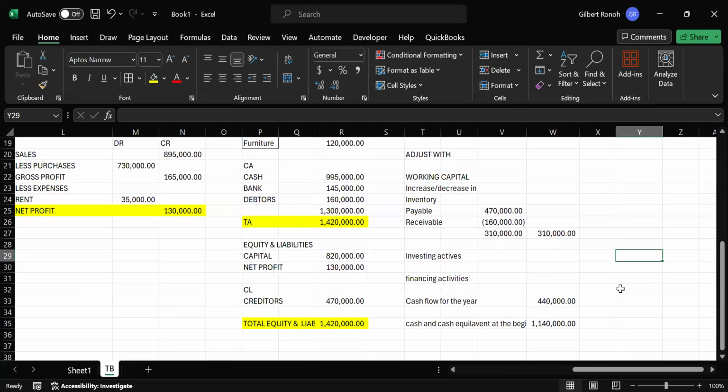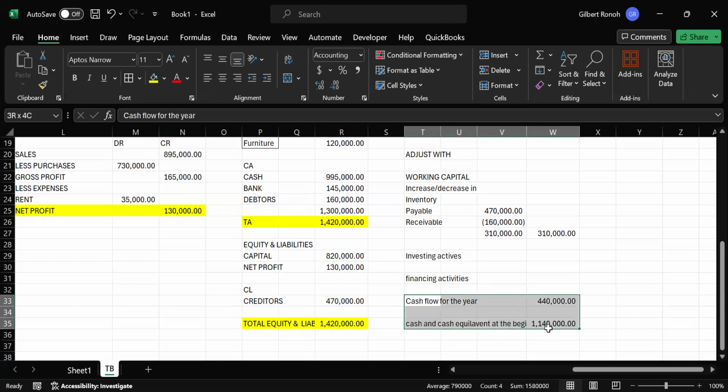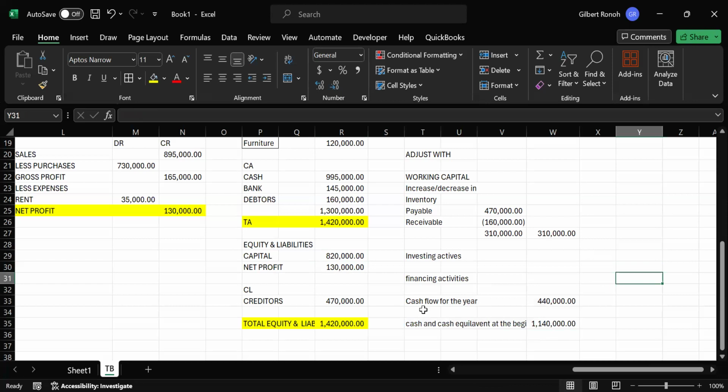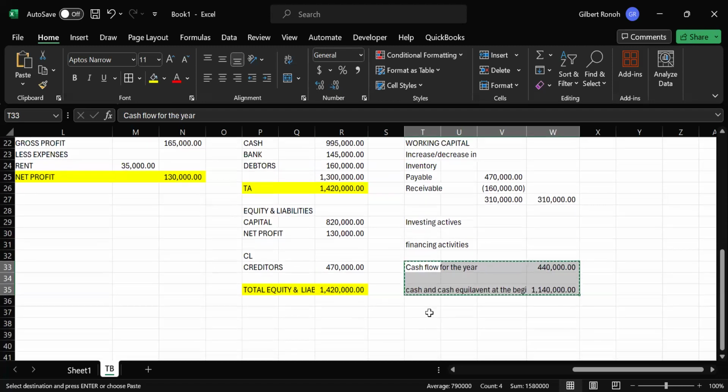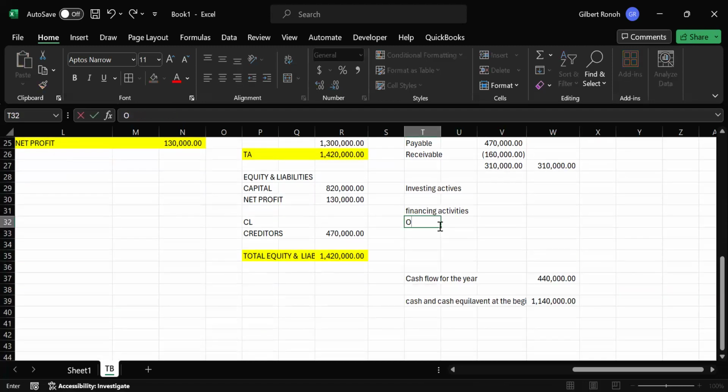Why can't you use that cash at the beginning, since it is cash equivalent at the beginning? So those are some of the questions I wanted to check. So now, are you in agreement that whatever we are having here is not correct?